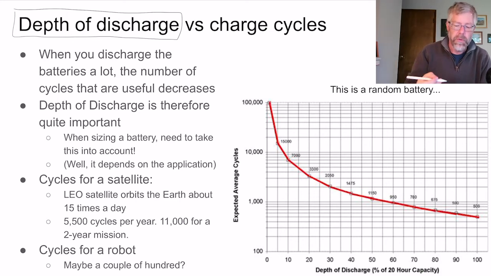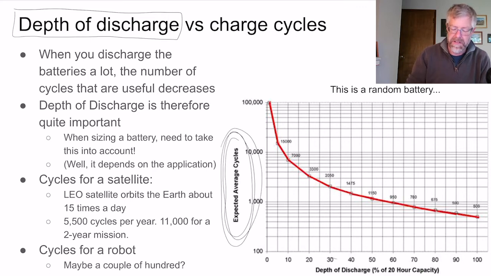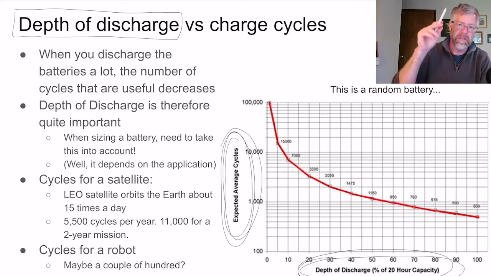Okay, so people have done tests to basically look at the number of cycles that you can get out of a battery versus the depth of discharge here. So the number of cycles is basically how many times you can discharge, charge, discharge, charge, discharge, charge.